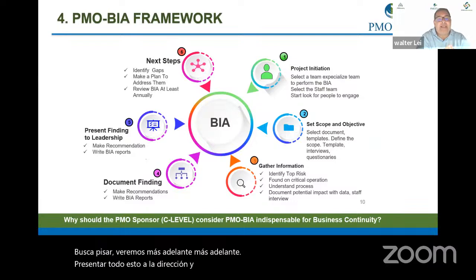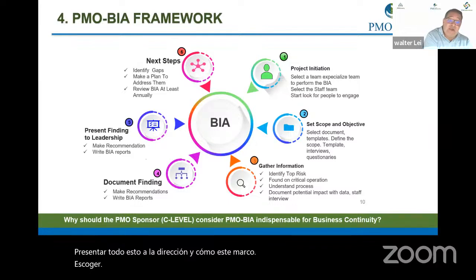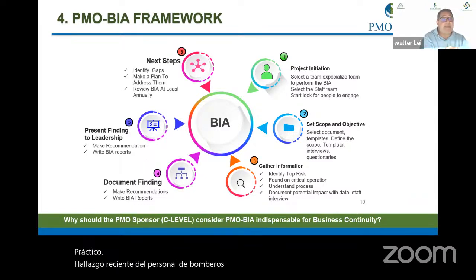So we have the second step, set a scope and objective, select documentation, we have a template, define a scope, interview questions. The third step, gather information, top risk, function, critical. The 4th step, document findings. The 5th step, present findings to the leadership. And the 6th step, we call it next step.